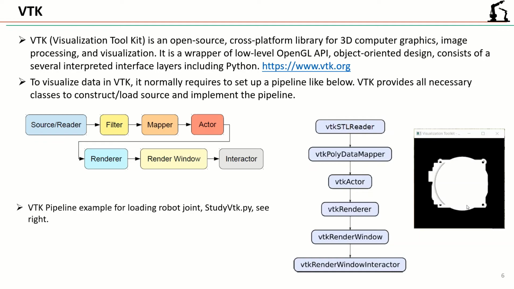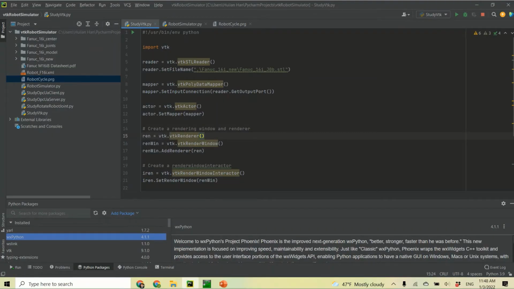So here we show a VTK pipeline example. We call it study_vtk.py.